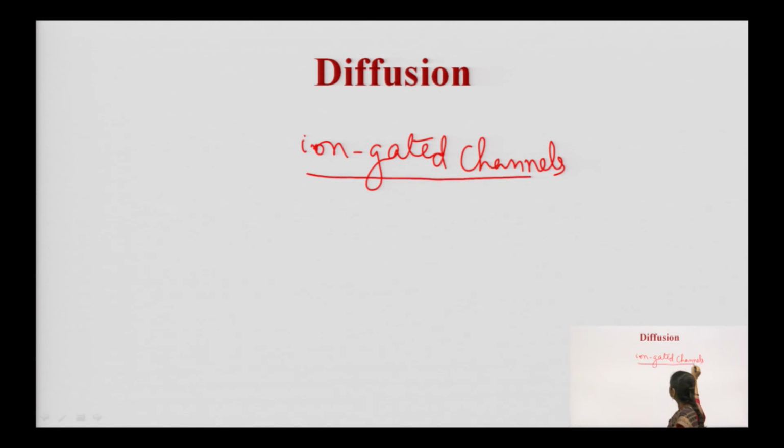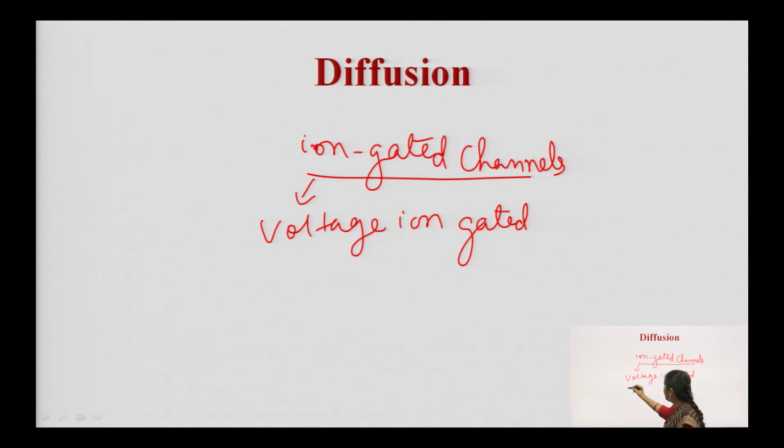One is the voltage ion gated channel. Here there is a voltage change, or a difference in the electric charges on both sides of the membrane, and due to this the ions can move through the voltage ion gated channels.